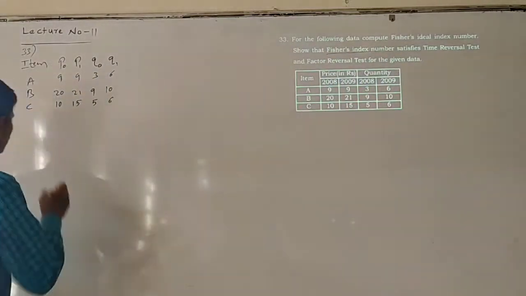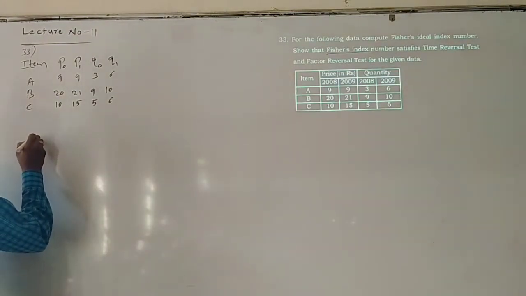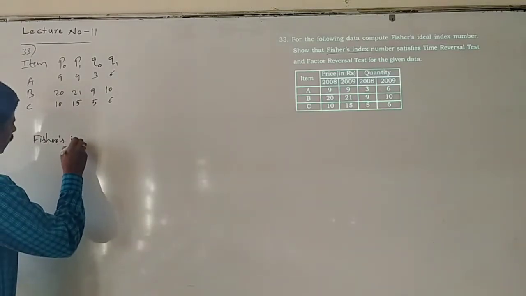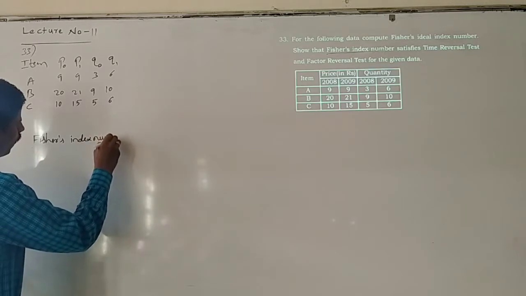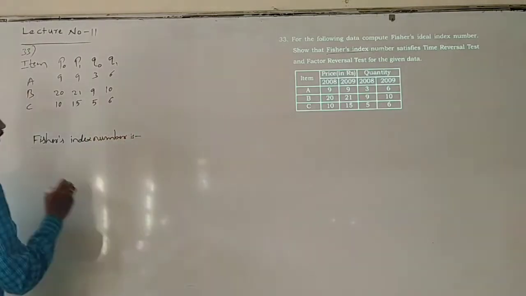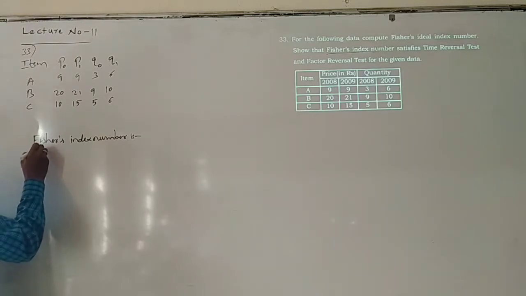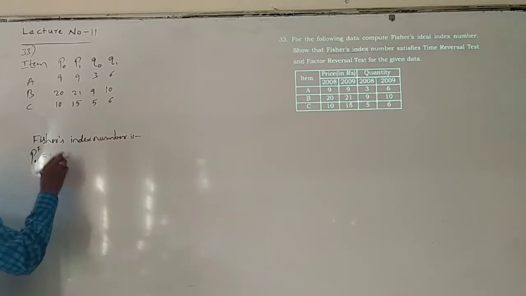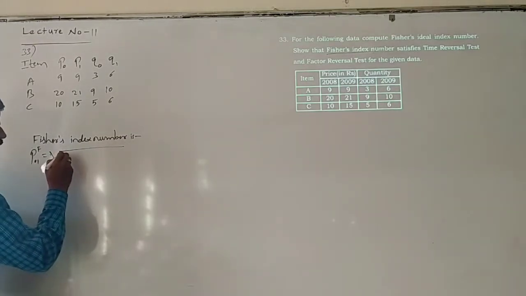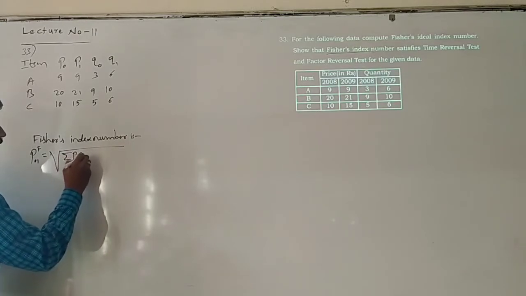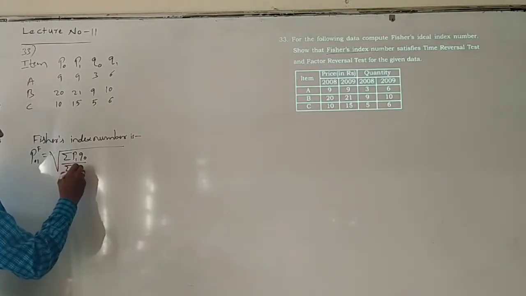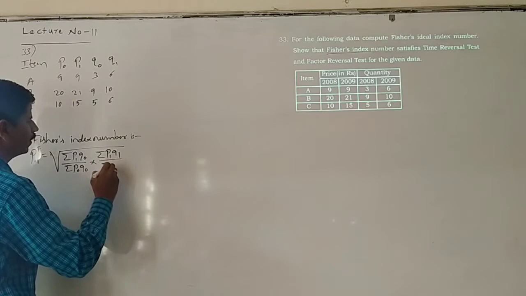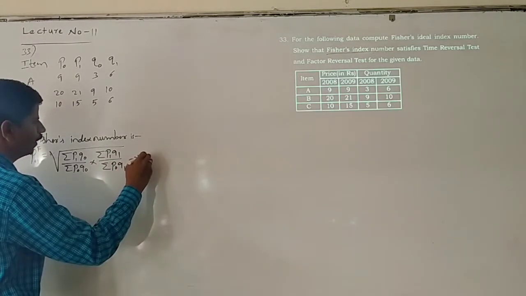Here you have to apply the formula: Fisher's index number P01F equals the under root of, the geometric mean of Laspeyres and Paasche, sum of P1 Q0 by sum of P0 Q0 into sum of P1 Q1 by sum of P0 Q1, into 100.